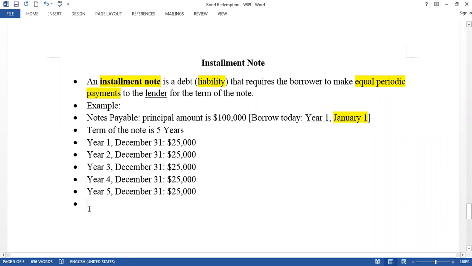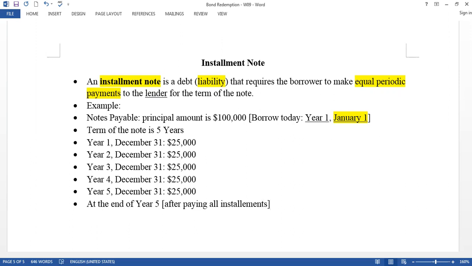And at the end of year 5, after paying all the installments, you will not have any liability.